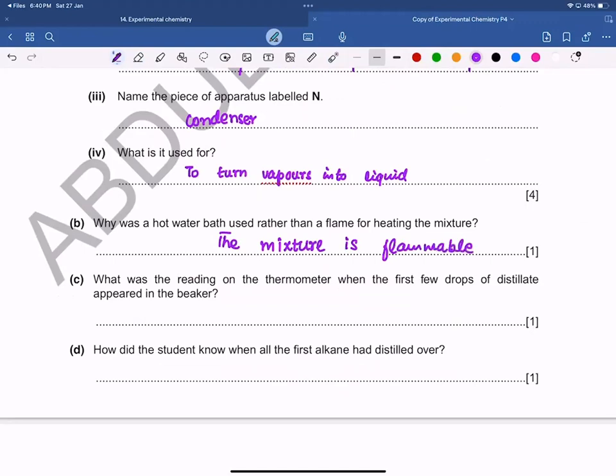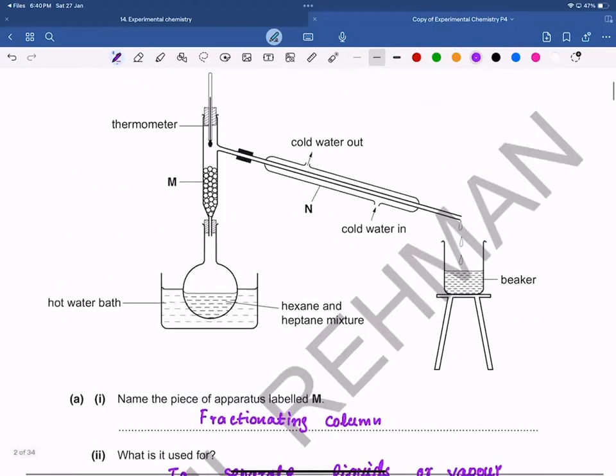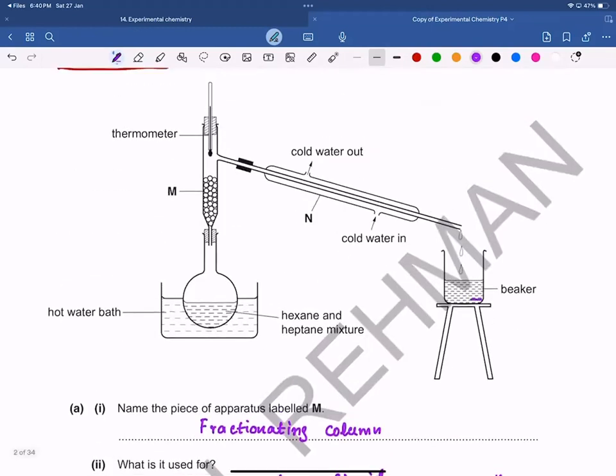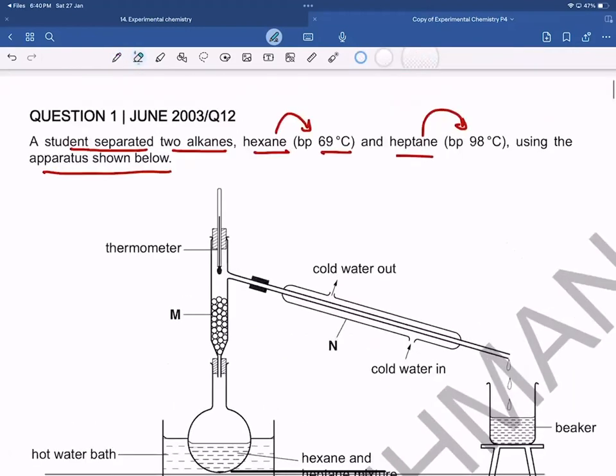What was the reading on the thermometer when the first few drops of distillate appeared in the beaker? Read the question again. It means when you get the liquid over here for the first time, what is the reading? It depends on the boiling point. Yes.